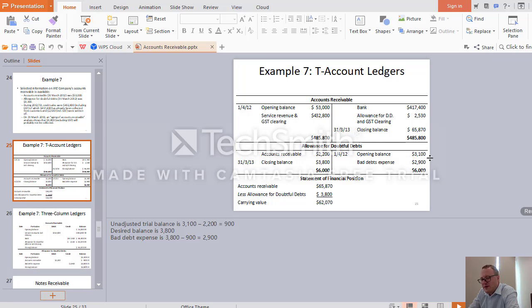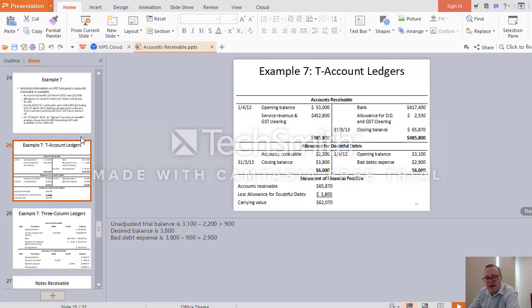The opening balance is credit because it's a contra asset account. So when there are write-offs, you would record them on the left-hand side. When there are reversals, recovery of the previous write-offs, you would record it on the right-hand side. You will get some unadjusted balance here.